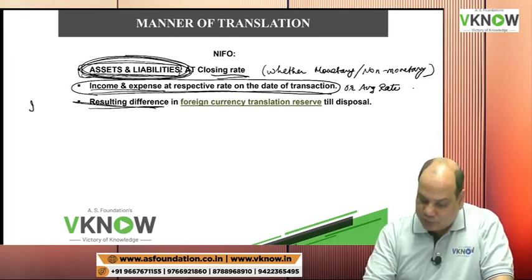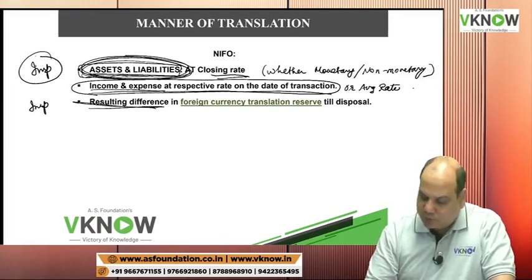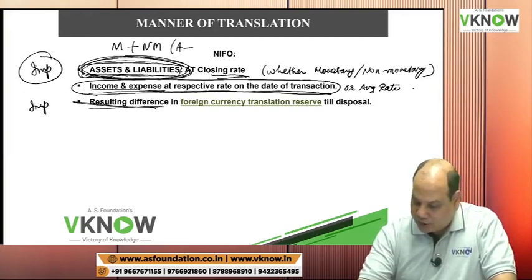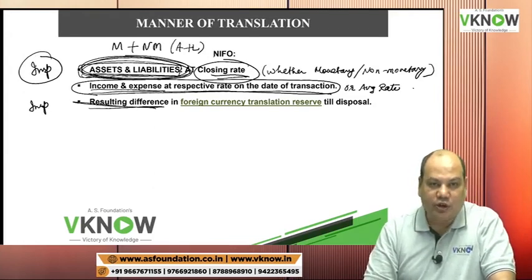Now, this is an important point. Two important points are there. First important point is that monetary and non-monetary assets and liabilities will be converted at closing rate.